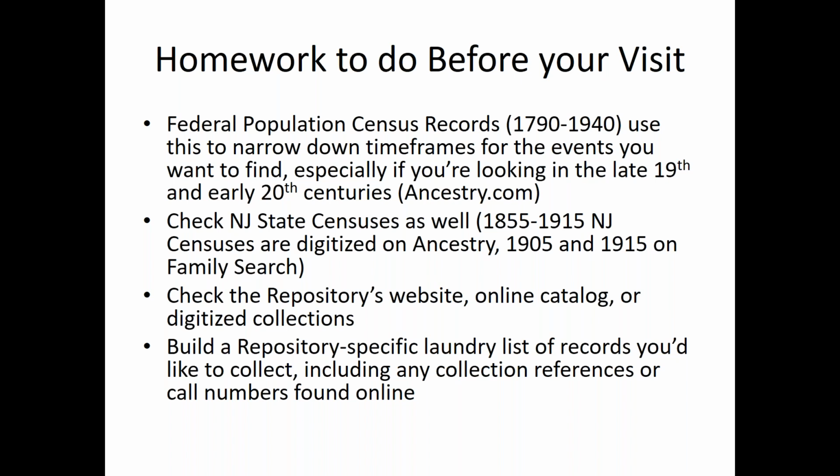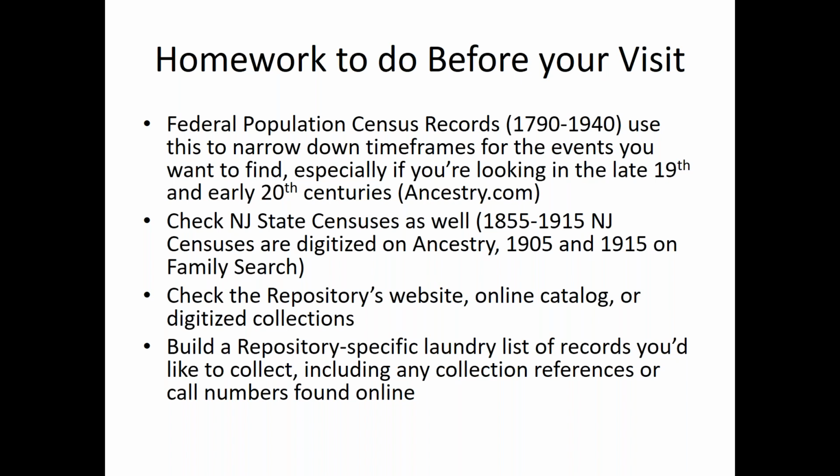Make sure once you've done your homework, once you've visited their site, once you've done all of your census homework, and any other digital collections you want to check on Ancestry or Family Search or on Heritage Quest, that you're building a repository-specific laundry list of records that you'd like to collect. And make sure that you put down any citations.